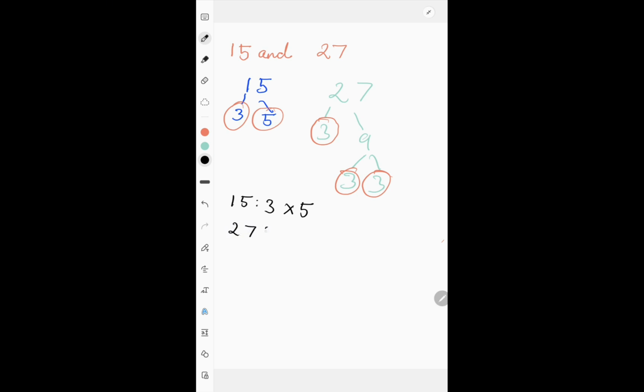So we have 3 times 3 times 3. And you'll notice that big gap underneath the 5 there. We are matching numbers vertically. 27 does not have a prime factor of 5, so I left that blank underneath the 5.